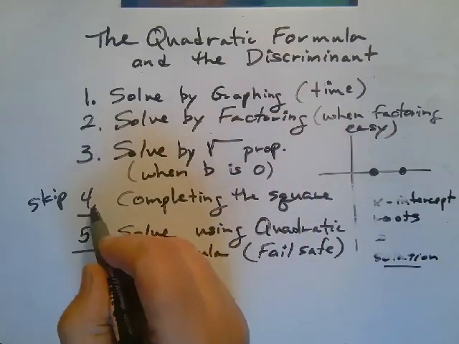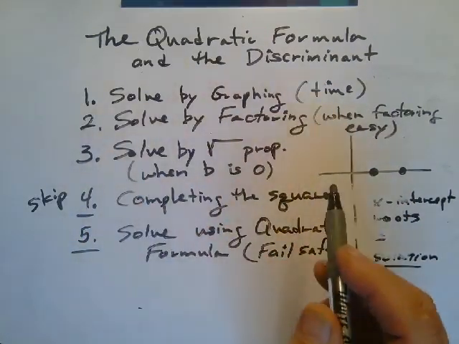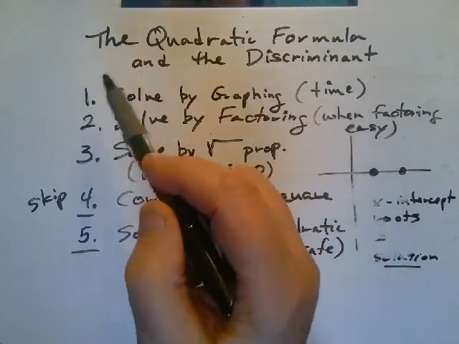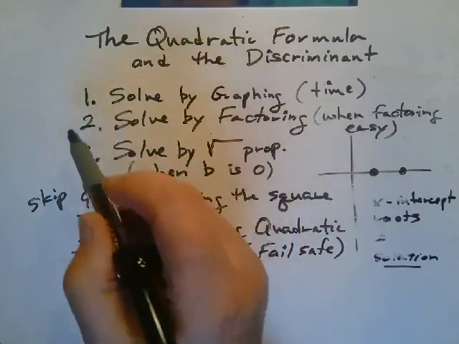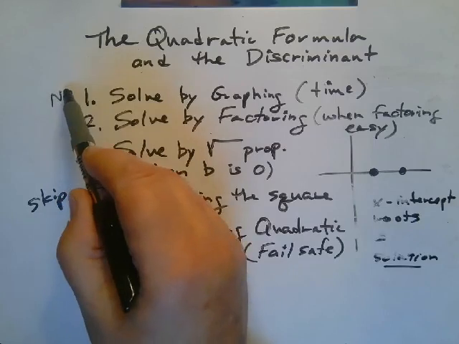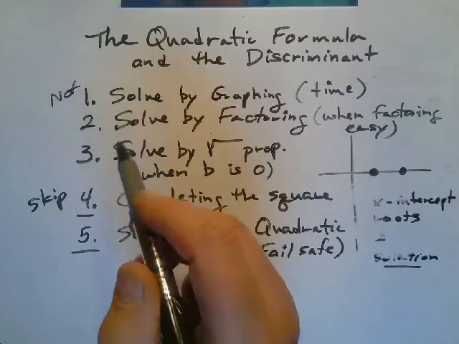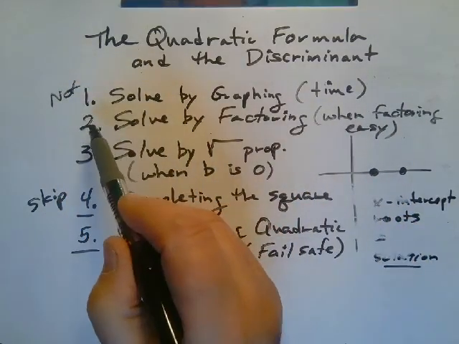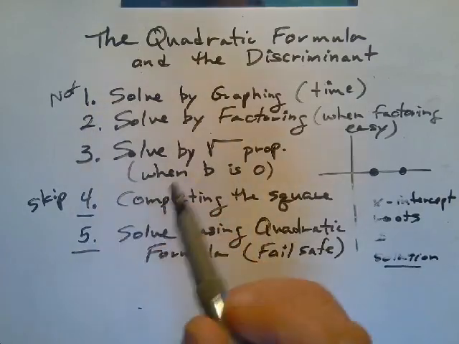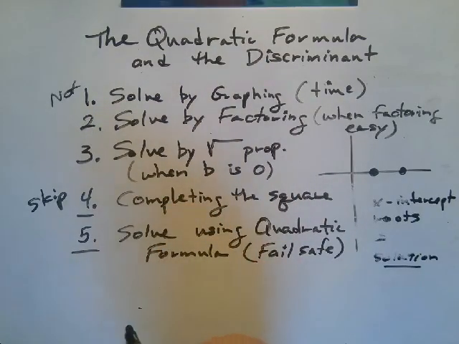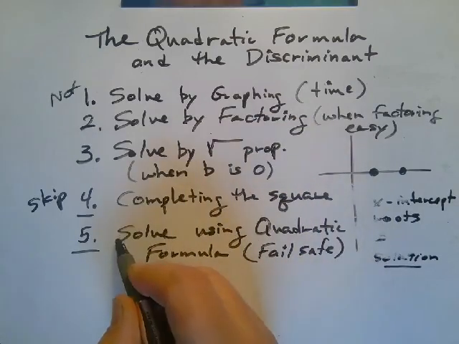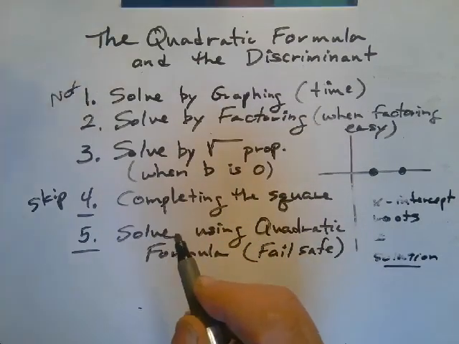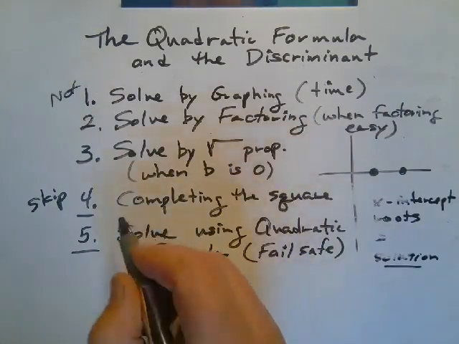So since we're interested in time, you're going to want to pick one, probably 2, 3, or 5. Probably not number 1, and we're not going to use number 4. But you're going to try to pick techniques 2, 3, or 5 here to solve these. And on tonight's assignment, you will have your choice of picking whichever technique you want.